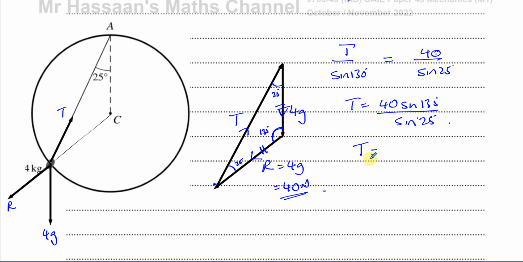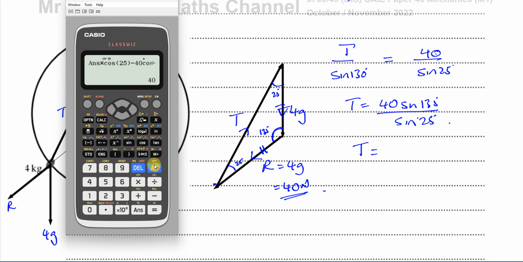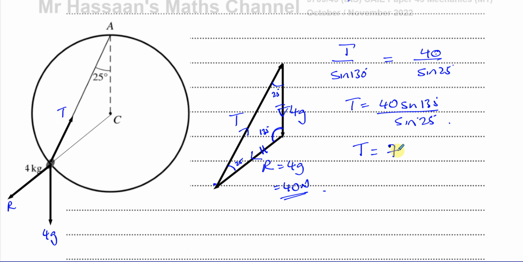And that should give us an answer immediately. So we have T equals 40 times the sine of 130 over sine of 25. And that gives us, as we saw before, 72.504, so 72.5 newtons, that's T, and R, as we said, is 40.